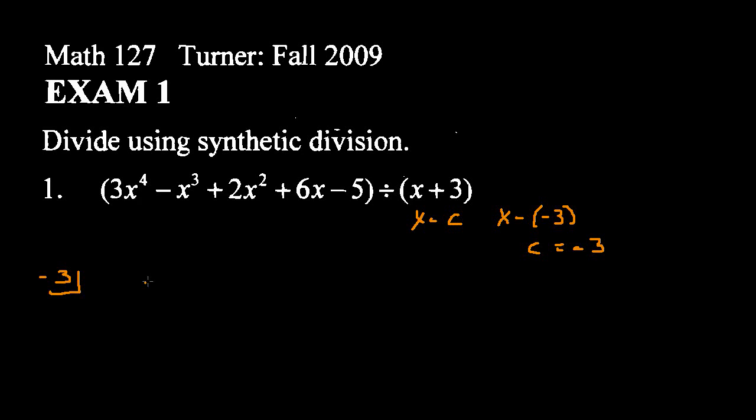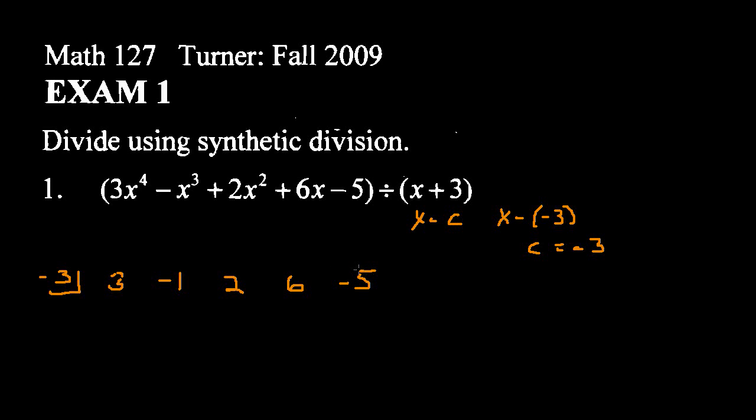Alongside the box, put the coefficients of your dividend in descending degree. So the x to the fourth had a coefficient of 3. I'm putting in the 3. And then the next one has a minus sign, so that must be a negative 1 for x cubed. Putting in a 2 next, then a 6, and a negative 5.